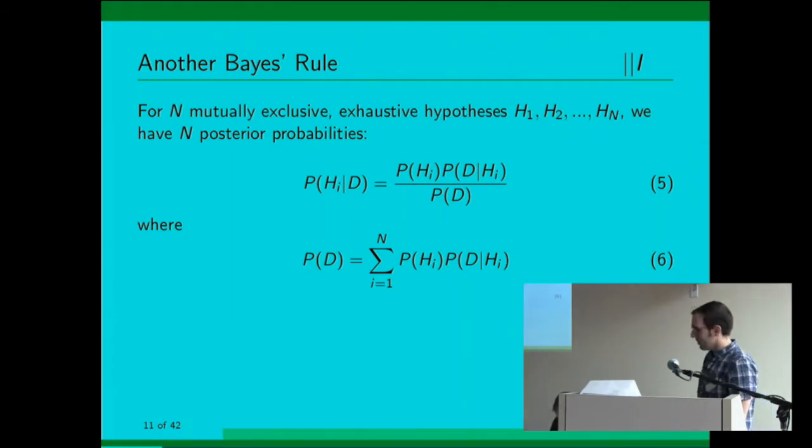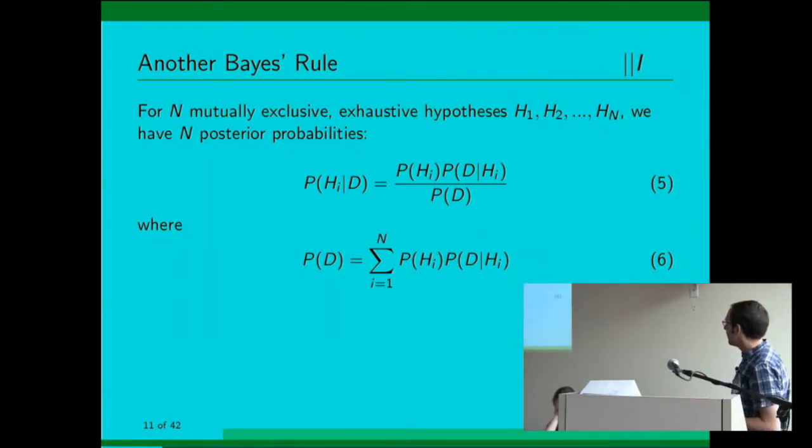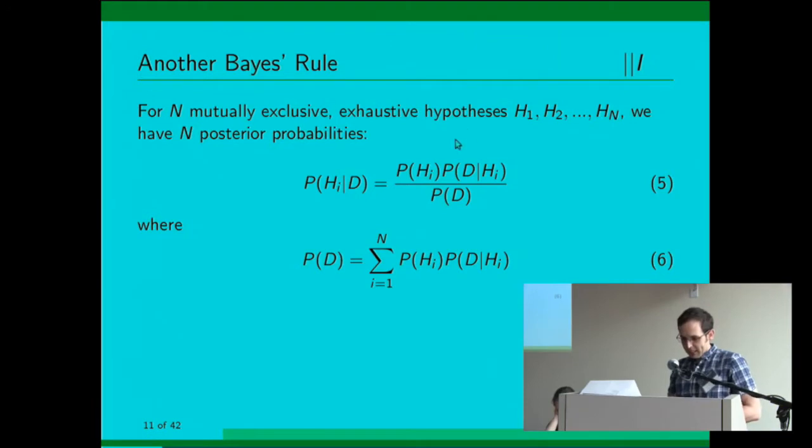So the terminology for this is that this probability here is called the prior probability because it's the probability of one of your hypotheses not using the data that you're looking at now, which is D. This thing here is called the likelihood for obscure historical reasons.